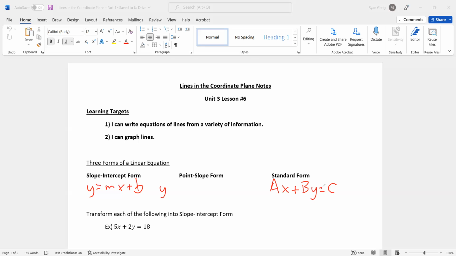But what it is: y minus y1 equals m parentheses x minus x1. I will show you that one here in a little bit. But point slope form, so m is your slope, (x1, y1) is your point. That's where point slope form comes from. Okay. So those are the three types or three forms.